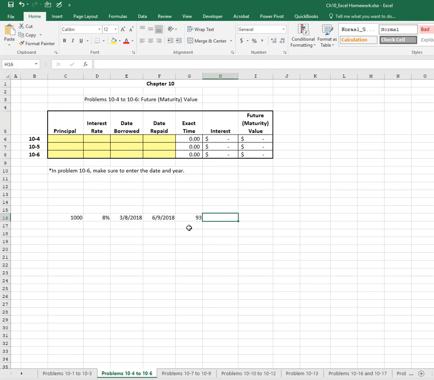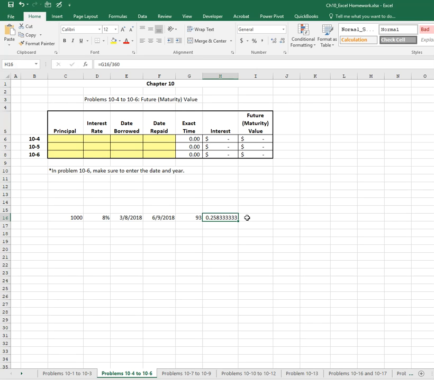Okay, so if we take 93 and divide that by 360, our annual number of days, you see that turns into about 1/4, right? A little bit over 25% of the year, and that's the number of days we had the loan.